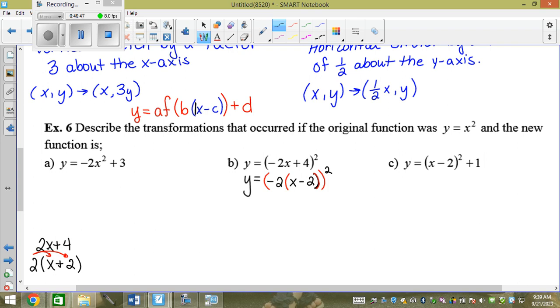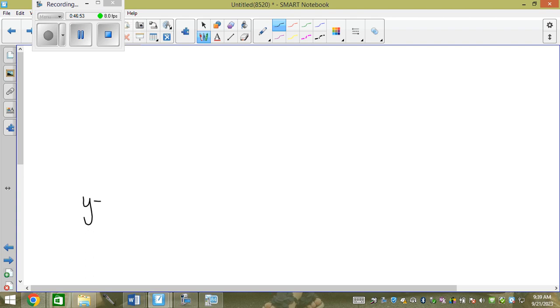Now, why do I say that? Because most people will start remembering to take the 2 out. But if they're given this, they won't. They'll tell me it's 4 to the left. Do I have a positive 1 in front? Is it in y equals? Cool, yes.